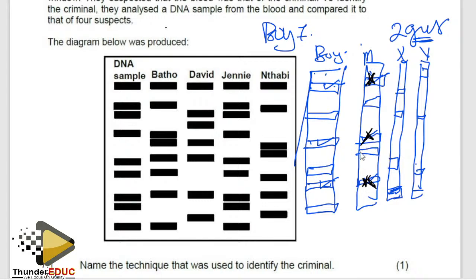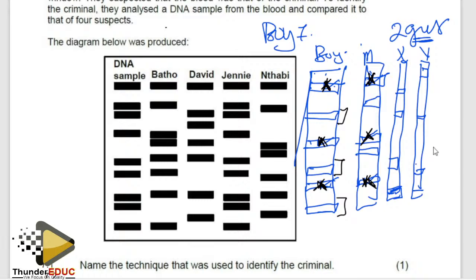So now, the remaining bars, not that one. I'm saying this bar is out with the mother, this bar out with the mother, and this bar is out with the mother. So the remaining bars, these remaining bars, this, and this, must correspond with one of the guys.